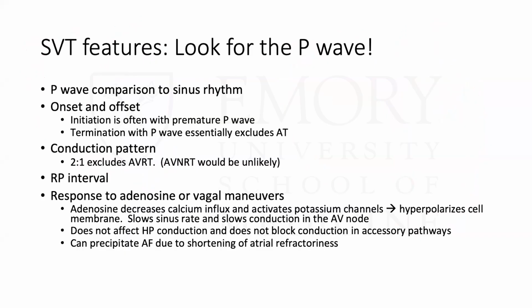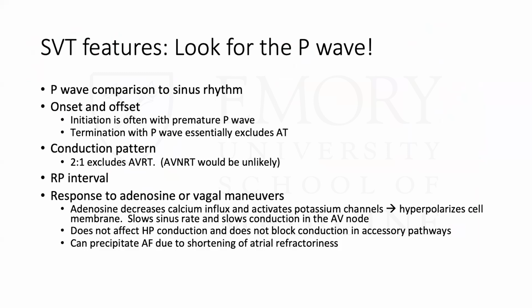And then when we're looking at an EKG or somebody presents with SVT, here are some things that we look at on the EKG or on our tele strip or whatever our monitor. So it's important to identify the P wave. One thing that we look at is what the P wave looks like compared to sinus rhythm.